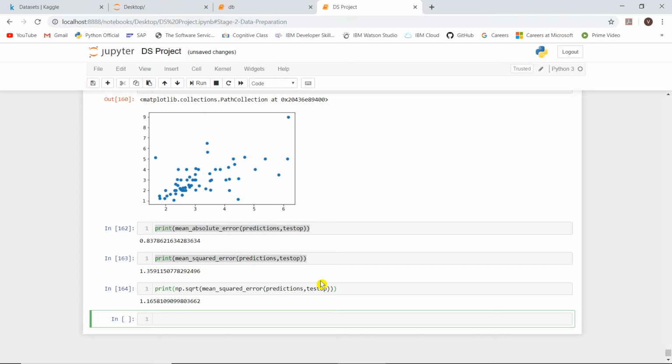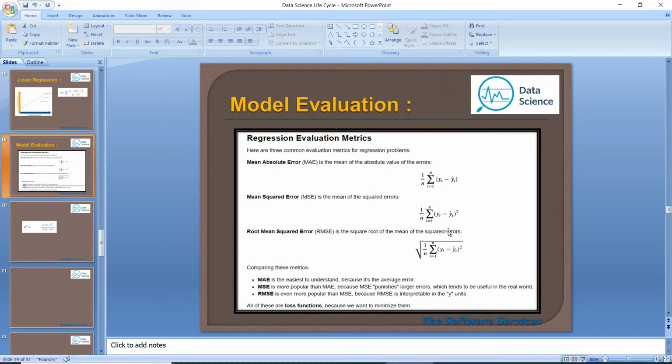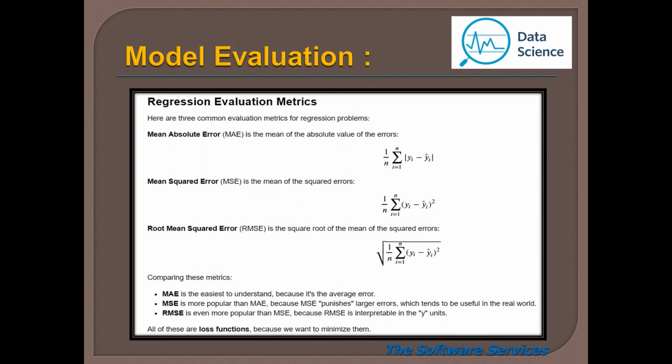error. What this means, here we have a difference between the actual value minus the predicted value. We have an error. Suppose if the total bill is $20, the actual tip given is say $5. For $20, $5 is the tip given, but our model predicted 4 instead of 5.